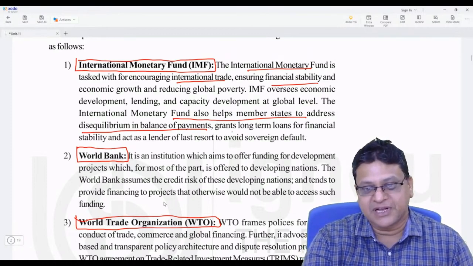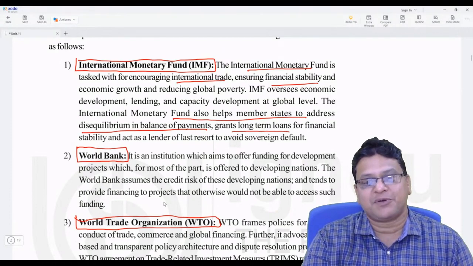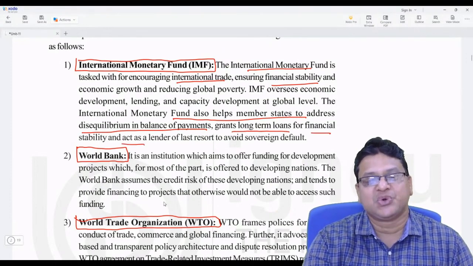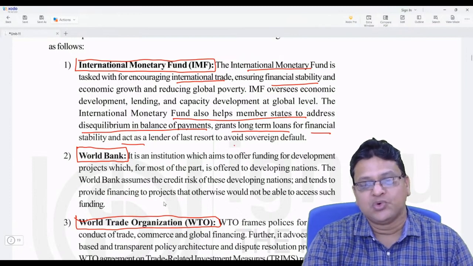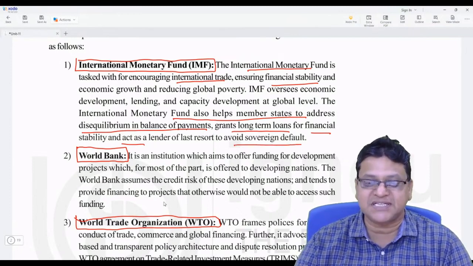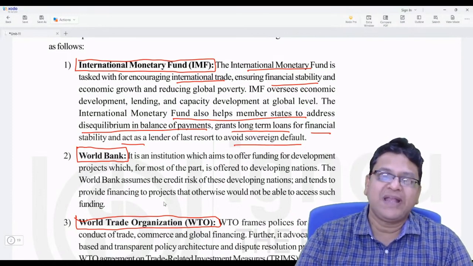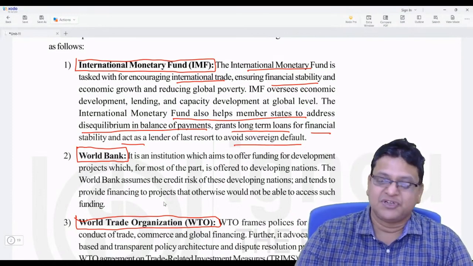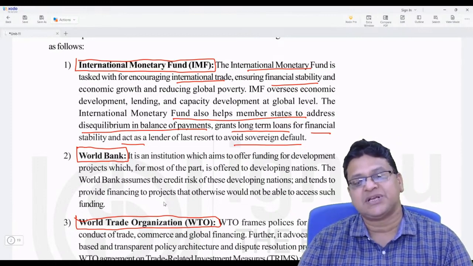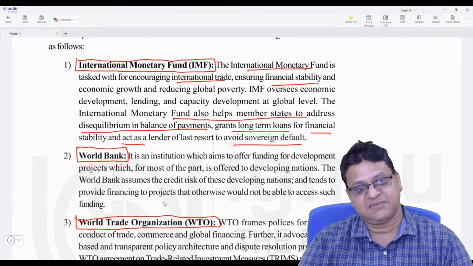So IMF grants long-term loans for the financial stability of countries so that there will be no sovereign default crisis. What is sovereign default? When a country itself does not fulfill its foreign obligations, that is known as sovereign default.